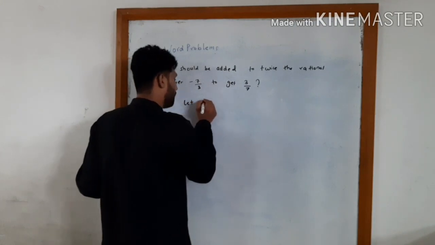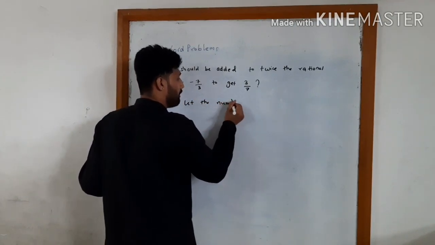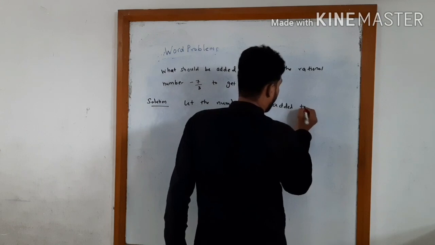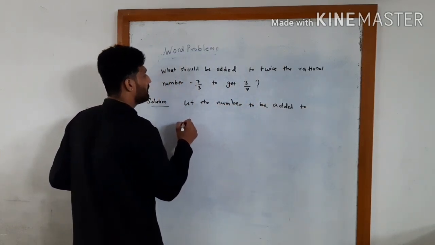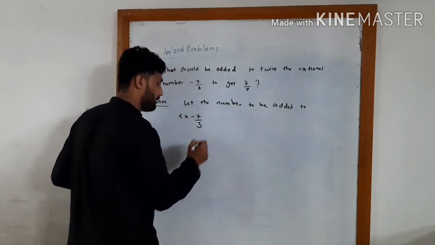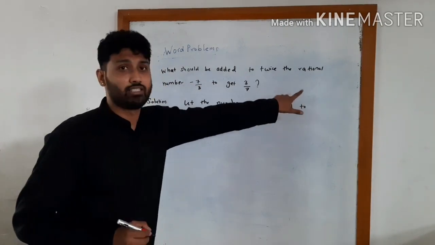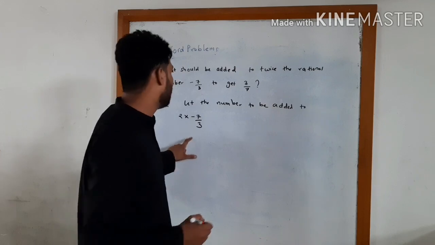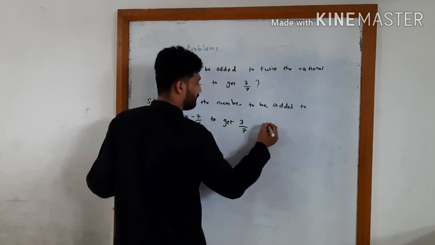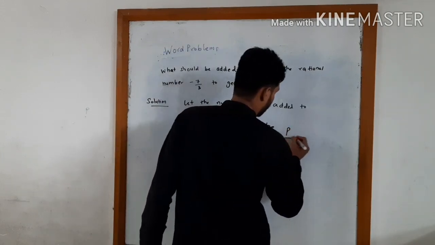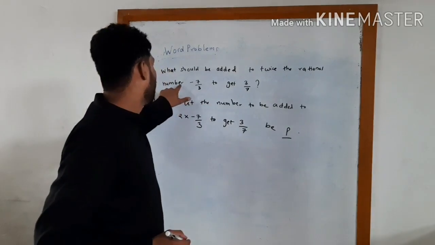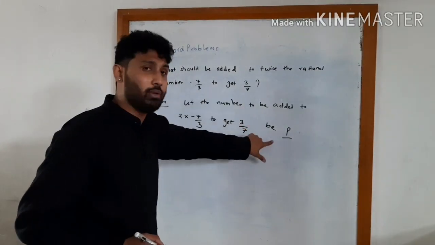Let the number to be added to twice the rational number minus 7 by 3, which is 2 into minus 7 by 3, to get 3 by 7 be P.